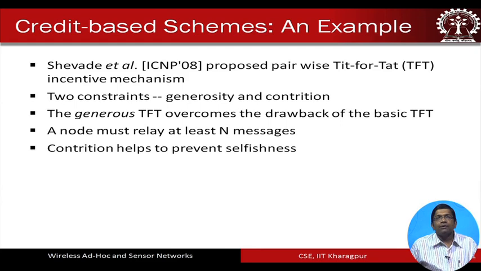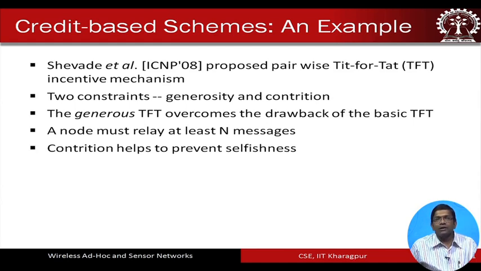Let us consider two nodes A and B. If A does not forward the message it has received from B, later on B is also going to do the same, the tit for tat that we normally follow in our society, right. So, if A does not forward the message of B, B is also not going to do the same. There are different constraints under which the tit for tat may be made to operate.